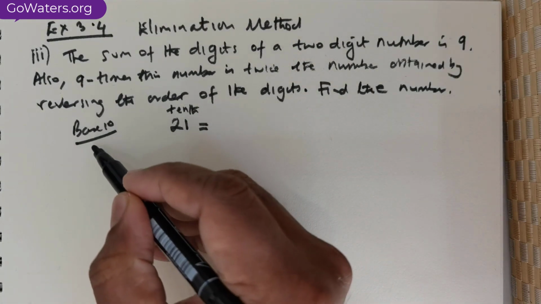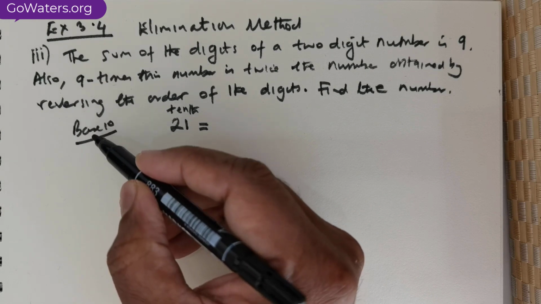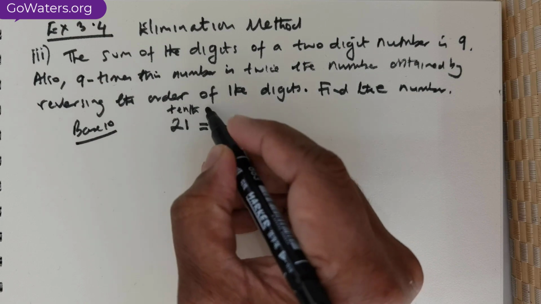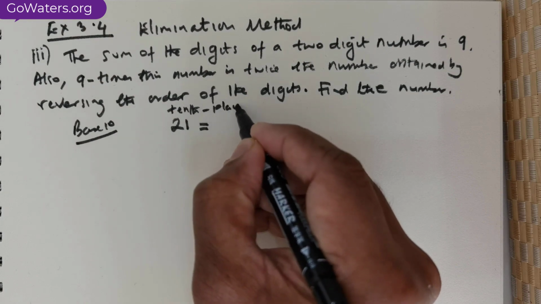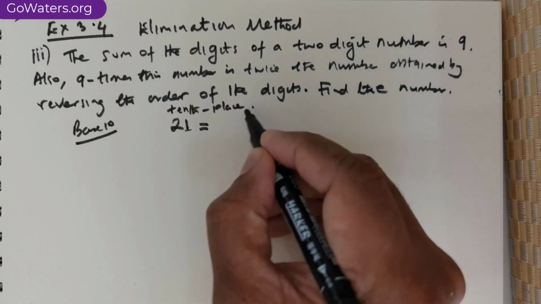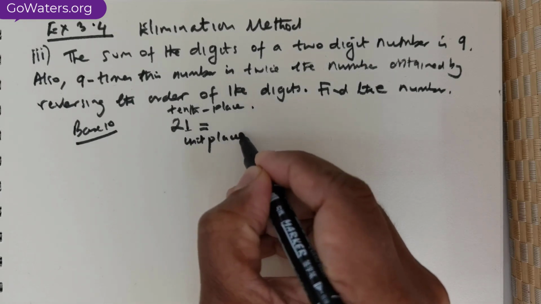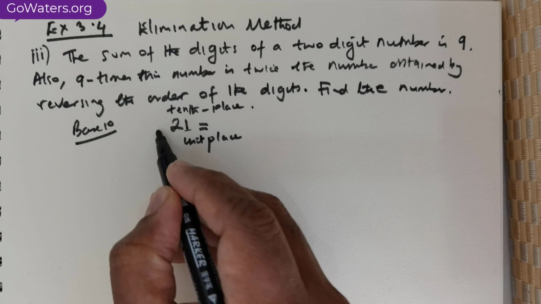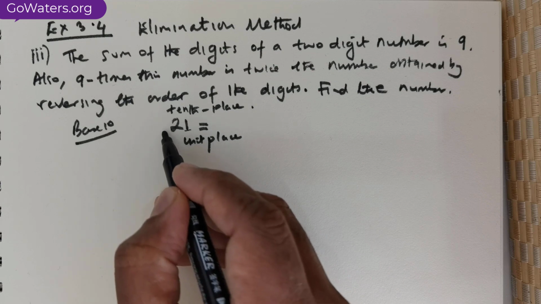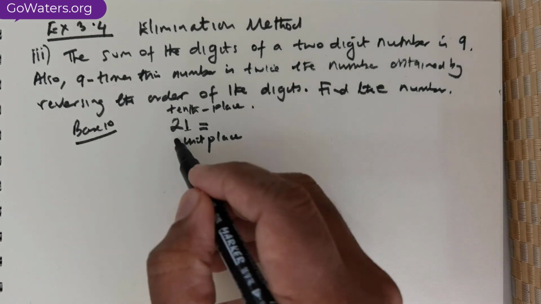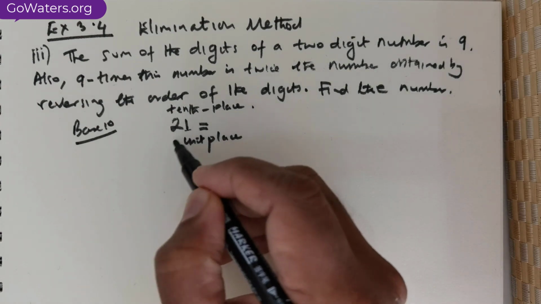And since we are dealing with numbers with base 10, this number is considered to be in the 10th place, and this number is considered to be in the unit place. That's the way we treat it. Now if you have one more number, that is treated to be in the 100th place. That's the way we actually treat numbers.